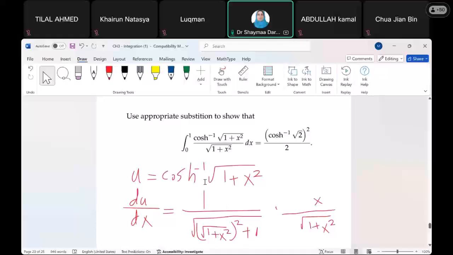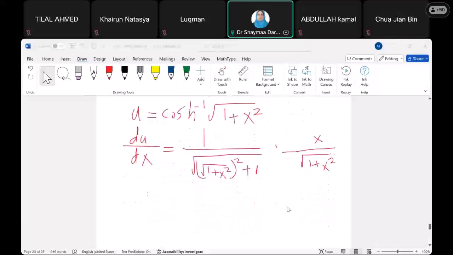But you don't have x squared, you have square root 1 plus x squared, so x is replaced by this value, multiplied by the derivative of the inside. The derivative of 1 plus x squared to the power 1 over 2 is 1 over 2, 1 plus x squared to the power minus 1 over 2, multiplied by the derivative inside, which is 2x. 2 with 2 is cancelled, so you have x only.